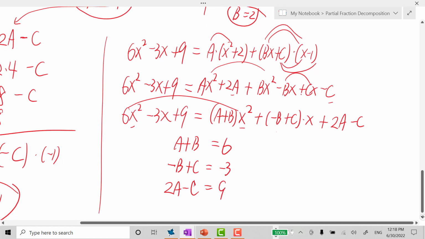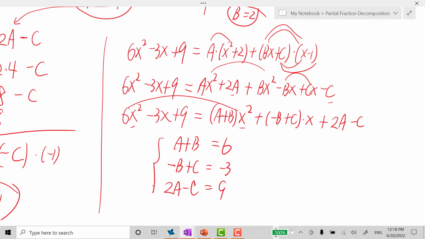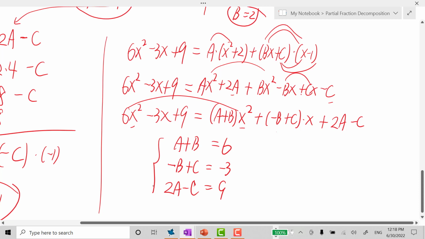Now we get a system of linear equations. We can try to solve for a, b, and c. Step 1: for the first equation, isolate b, so b is equal to 6 minus a.